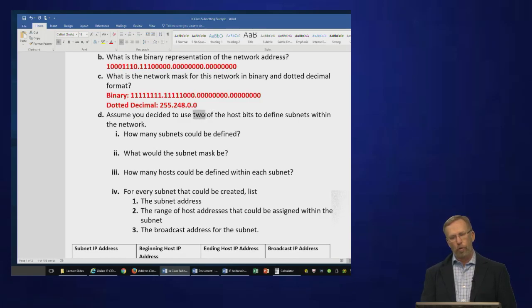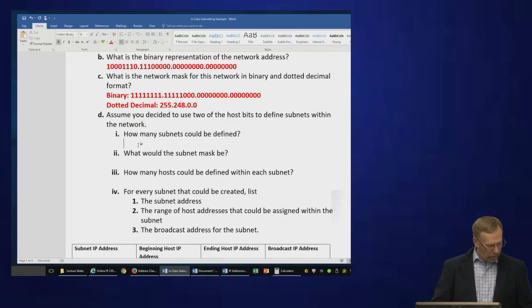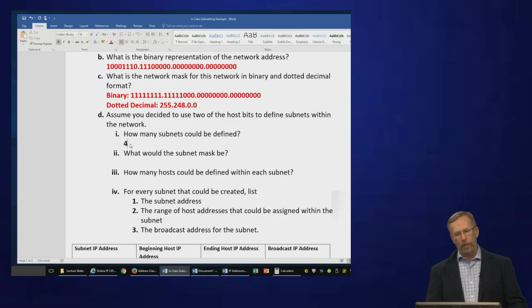So we're using 2 host bits to define subnets. And if we do that, how many subnets could we define? The answer there is, quite simply, it's a power of 2. If we have 2 bits, there are 4 combinations. We could have 00, 01, 10, and 11. So we could define 4 subnets if we used 2 host bits to do that.